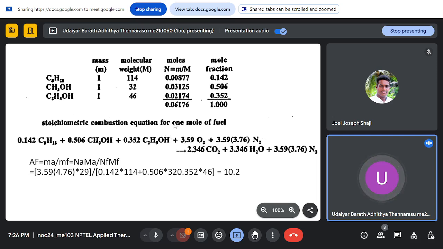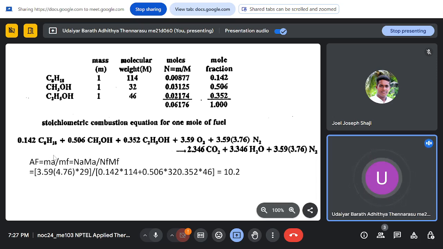This is combusted with air, some Y moles, and this gives you CO2, H2O and N2. When you do a carbon, hydrogen, oxygen, nitrogen balance, this is what you get for a stoichiometric reaction. With this we can find the air fuel ratio, which is mass of air divided by mass of fuel. Since we have it in terms of moles, we substitute the molecular weight.